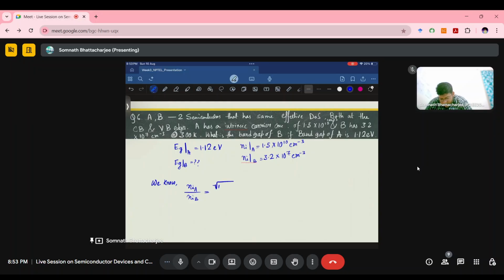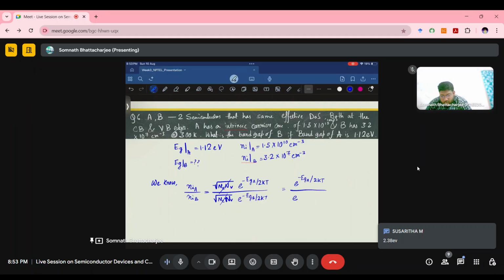So this is sqrt(NC NV) e to the power of minus Eg of A divided by 2kT, divided by sqrt(NC NV) e to the power of minus Eg of B divided by 2kT. So these two terms cancel out and we get e to the power of minus Eg of A divided by 2kT, divided by e to the power of minus Eg of B by 2kT.